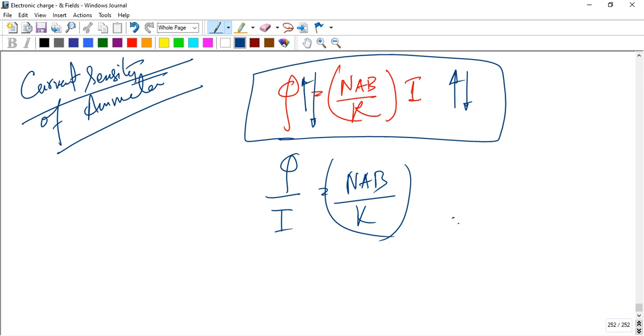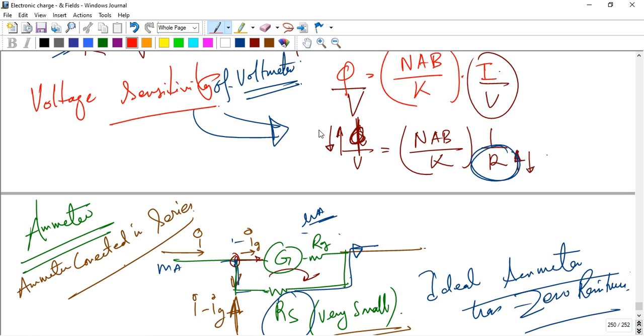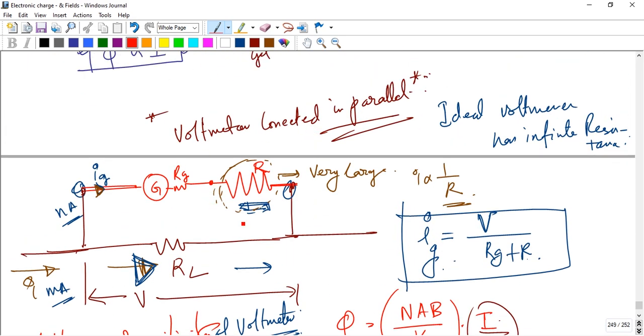One question, and note this down, it is very important. In the ammeter, you use a very small resistance RS connected in parallel, because the maximum main circuit current is drawn there. In the voltmeter, a very large resistance is connected in series, because the current is very small, so the load current stays the same.